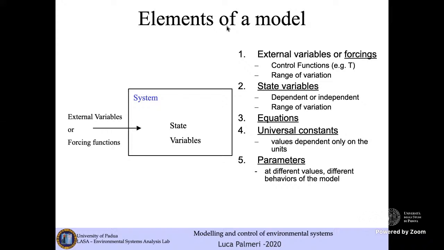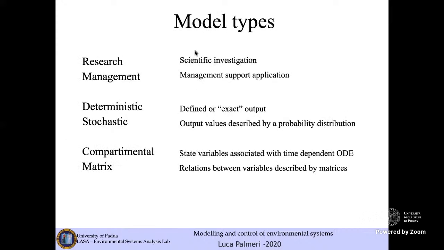Equations link state variables and external variables through the constants and the parameters. So this is our first introduction of the elements we shall consider when we are going to build a mathematical model of a living system or of an ecosystem.